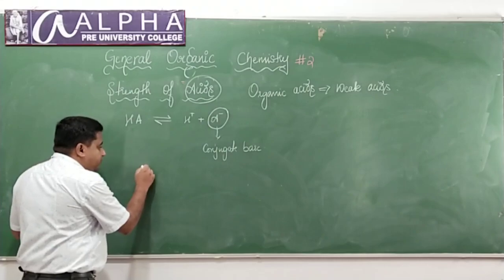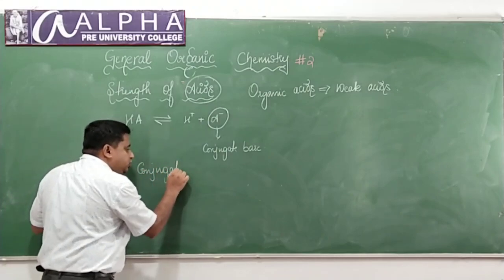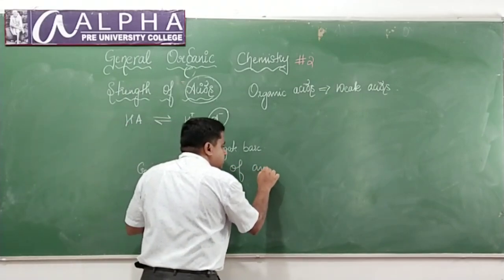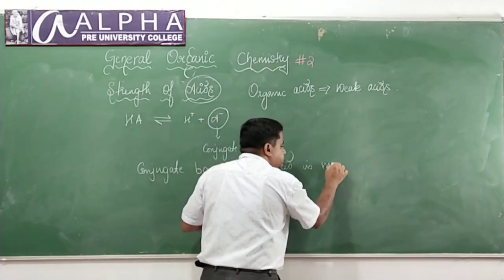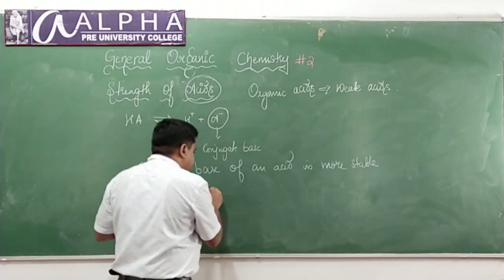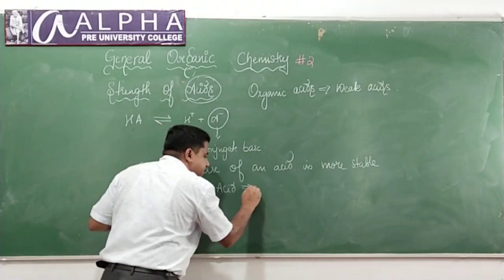Let me quote it here. If the conjugate base of an acid is more stable, then the acid is going to be a strong acid.